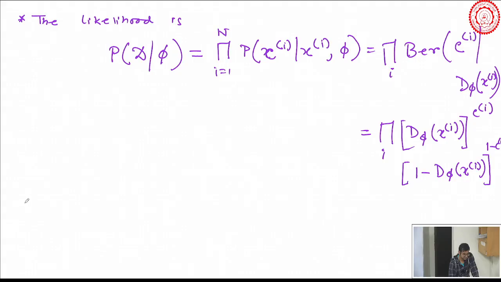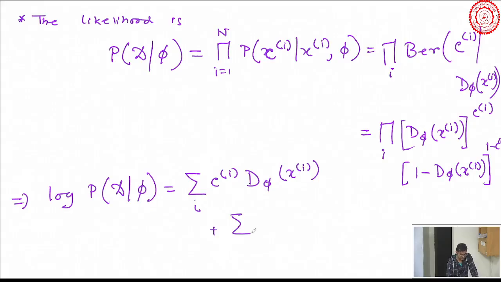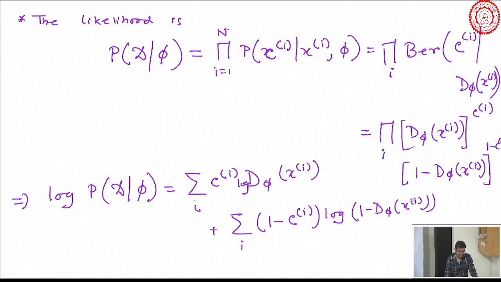So which implies log of P d given P is equal to, if I take log, it will become summation over i Ci log d phi xi plus summation over i 1 minus Ci, log is there, correct, thank you, and then log of 1 minus d phi xi, right?